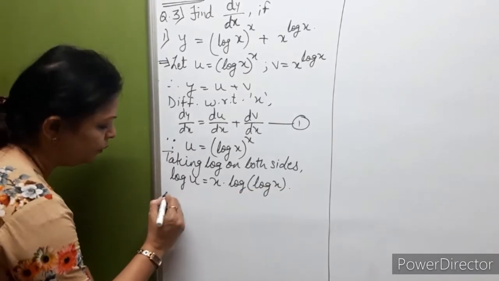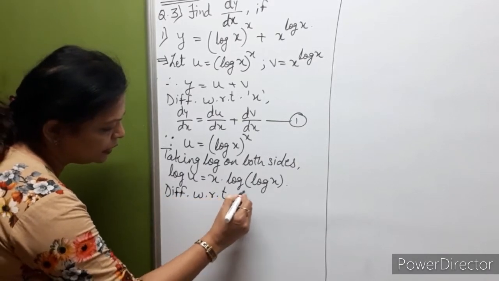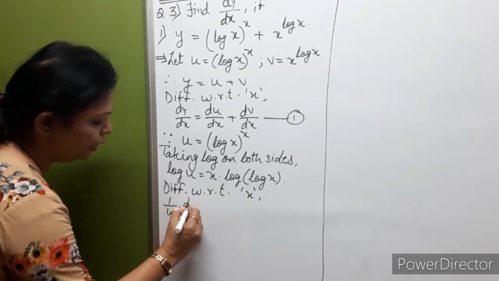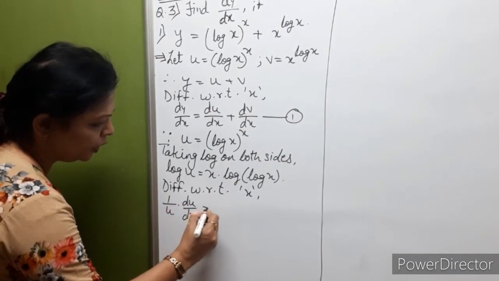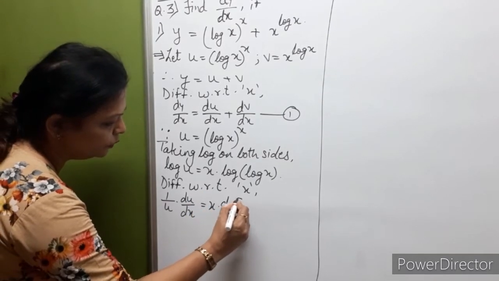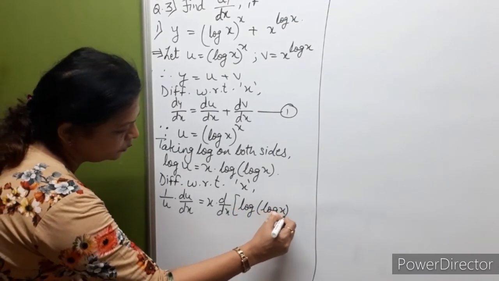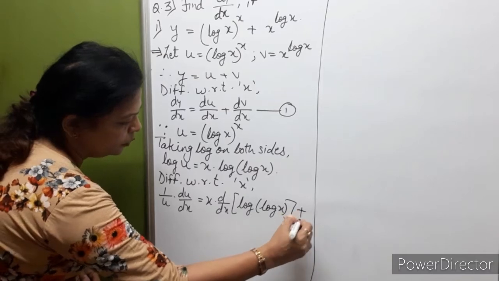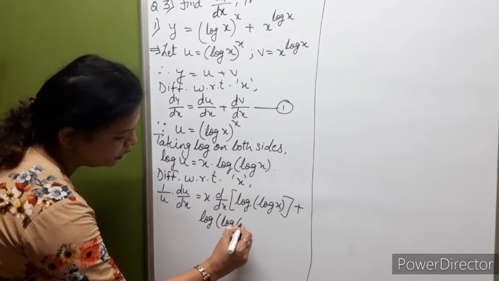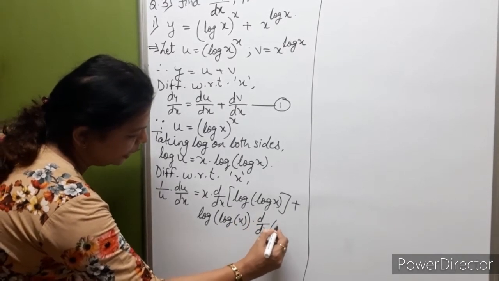Now differentiate with respect to x. 1 upon u into du by dx is equal to x into d/dx of log(log x) plus log(log x) into d/dx of x.